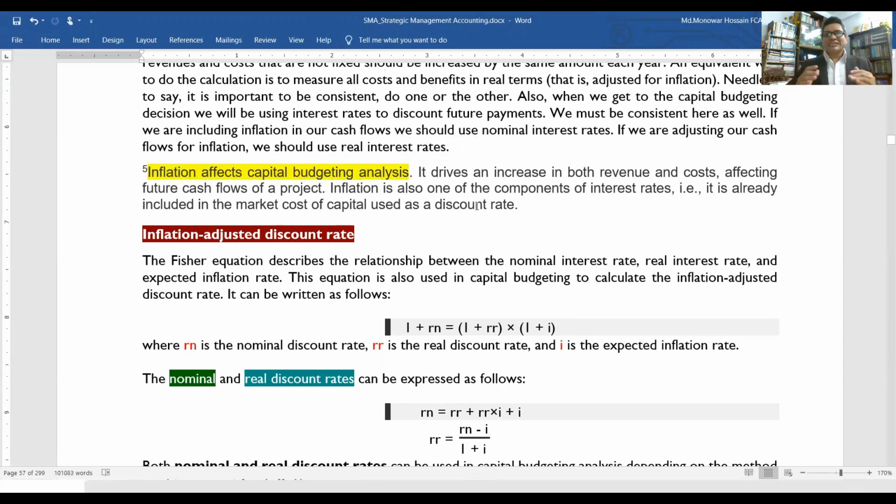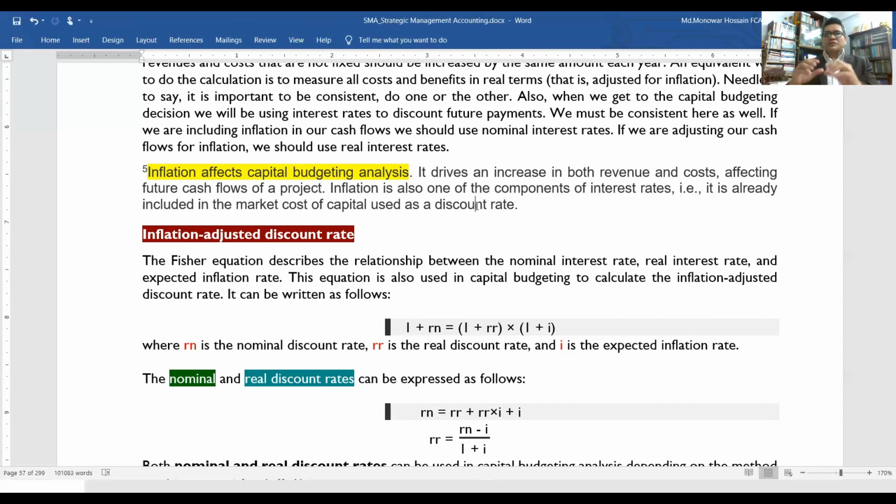It derives an increase in both revenue and cost, affecting future cash flows of a project.